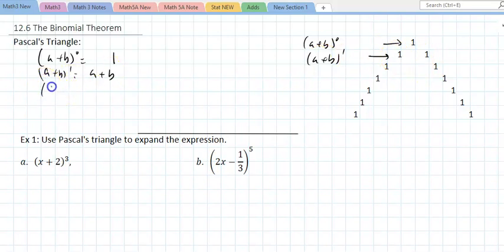Pascal figured if you take a plus b squared, that is a squared plus a to the 1 plus a to the 0.